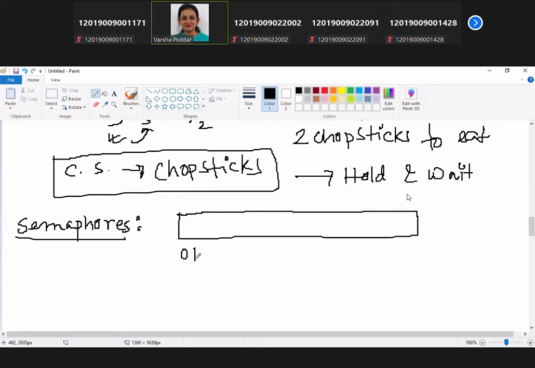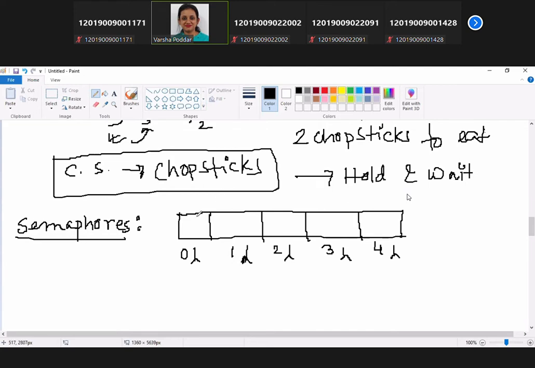So this is my 0th chopstick, this is my 1st chopstick, this is my 2nd chopstick, this is my 3rd chopstick, and this is my 4th chopstick. So 0, 1, 2, 3, 4. 5 chopsticks I have, and every one is denoted with a critical section.